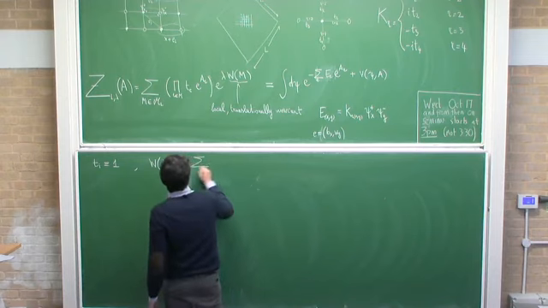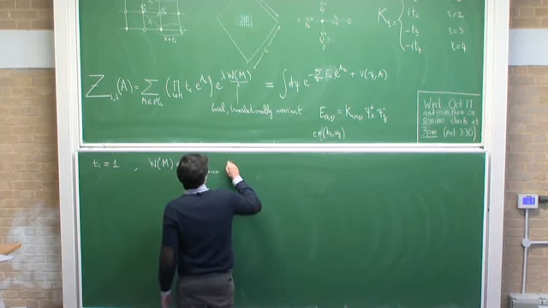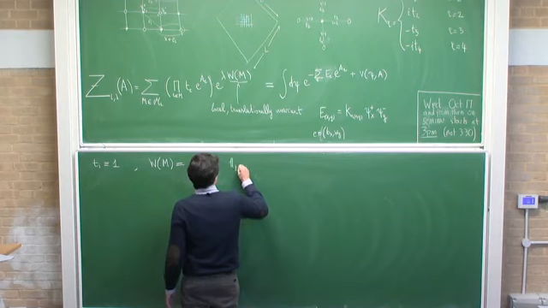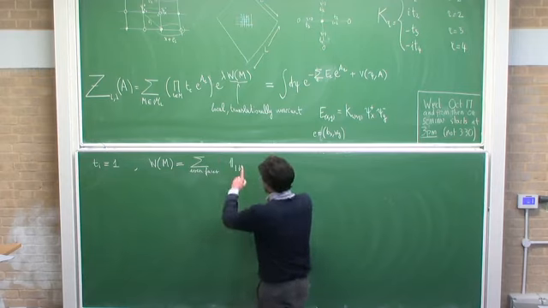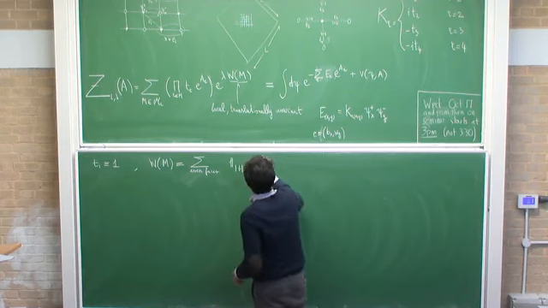equal to sum over even phases of the indicator function of having two dimers like this at the two boundaries of the phase, plus the indicator function of having two dimers like this.